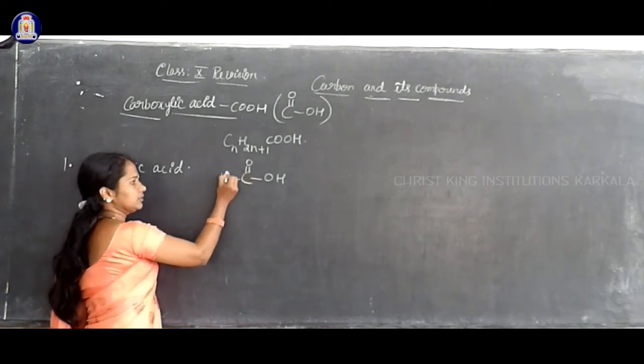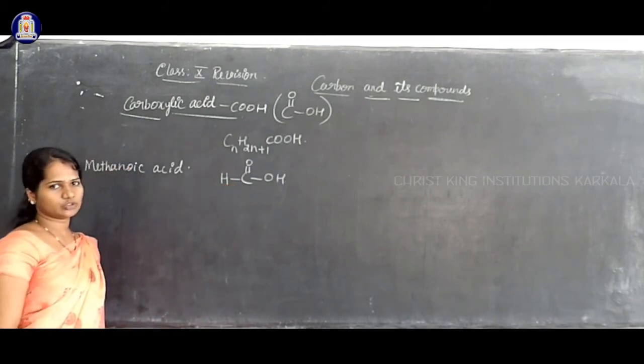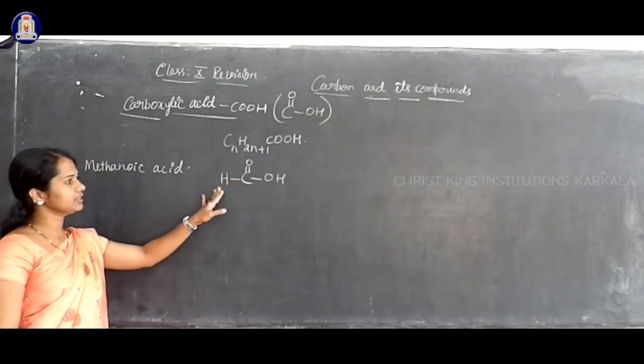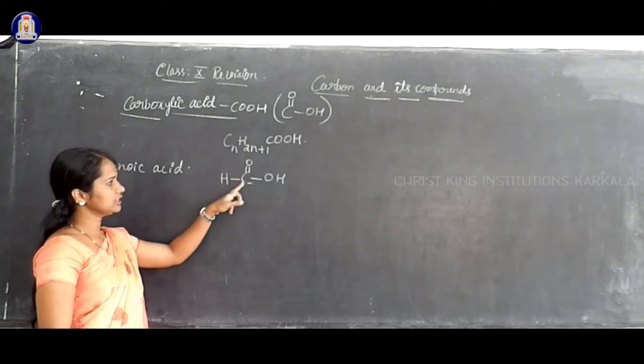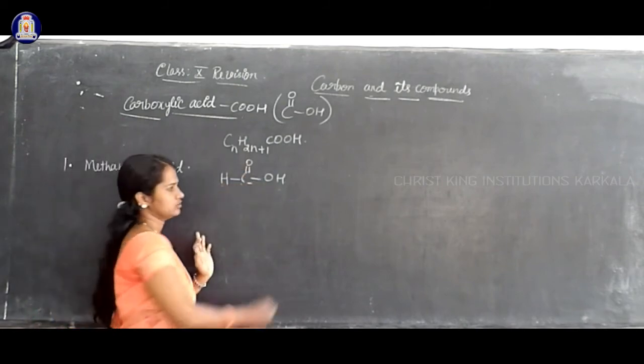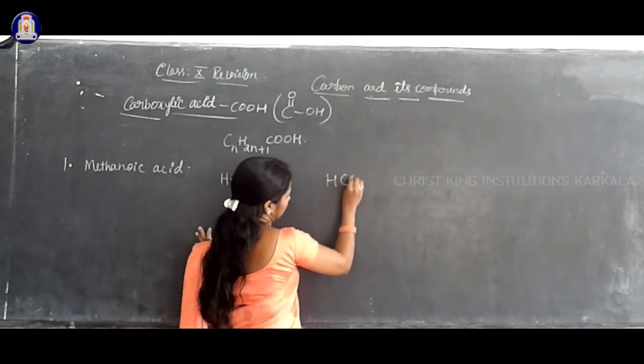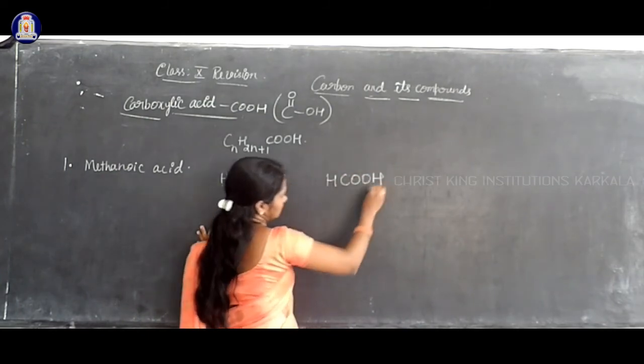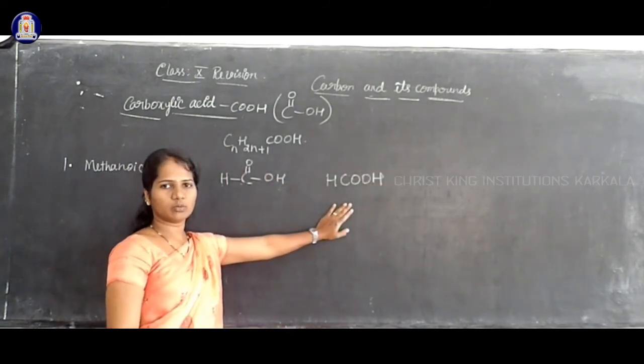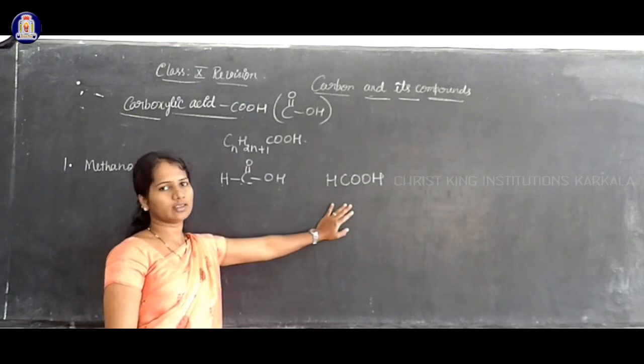I complete it by forming bond with hydrogen. So the formula can be written as HCOOH. This is the molecular formula of methanoic acid.